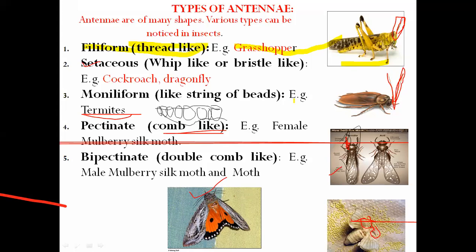So always remember, unipectinate means female mulberry and bipectinate means male mulberry silk moth, with comb-like processes on both sides.